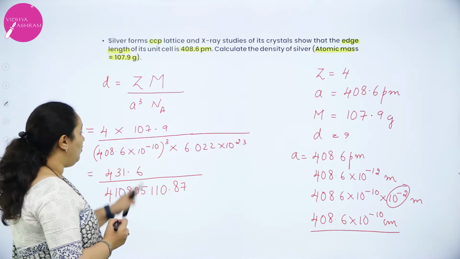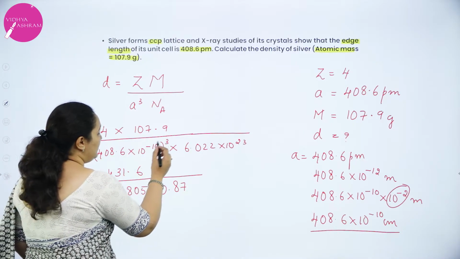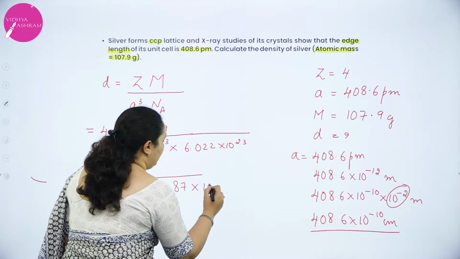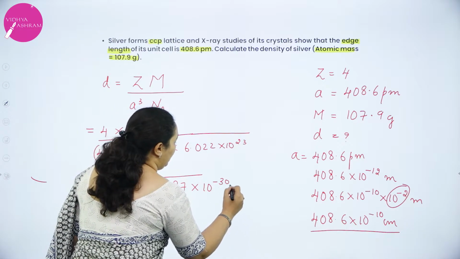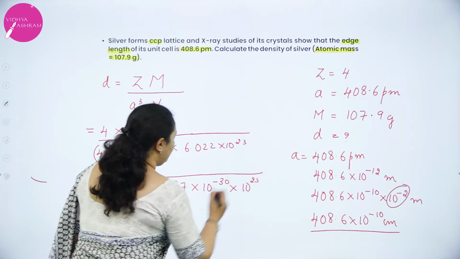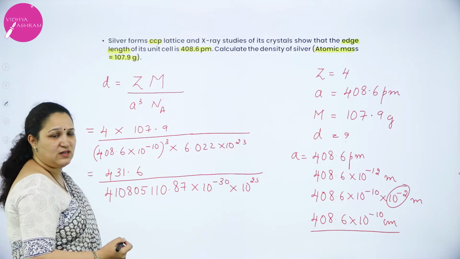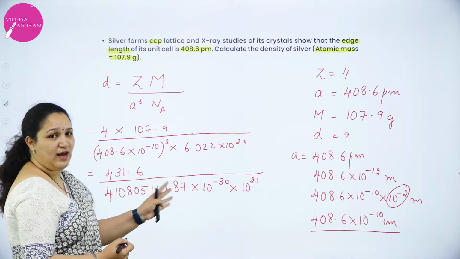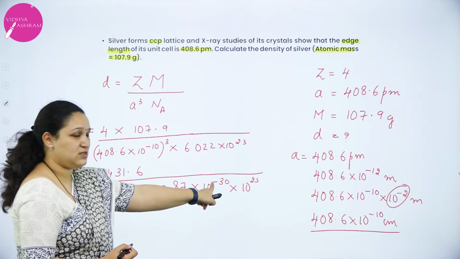Now, what about the powers? 10 power minus 10 whole cube, if I do, I will get 10 to the power minus 30 into 10 to the power 23. Now 10 power minus 30 into 10 power 23 is 30 minus 23, it is 7. So you have 10 power minus 7.